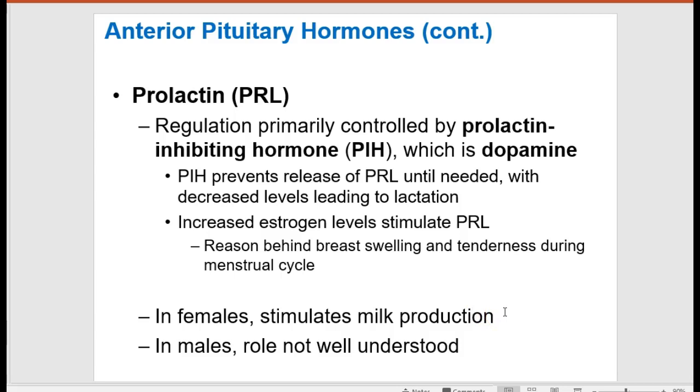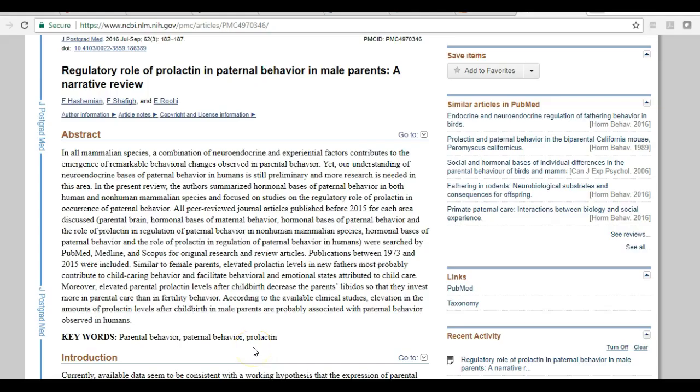In men, the role's not really well understood, but according to this article, and you can see the website up here if you want to read the full thing, this is a review of the regulatory role of prolactin in paternal behavior in males.